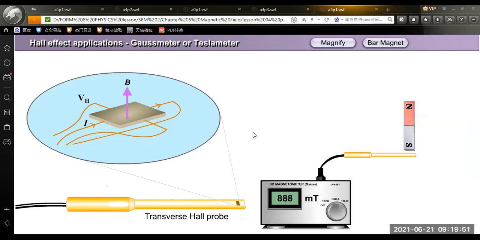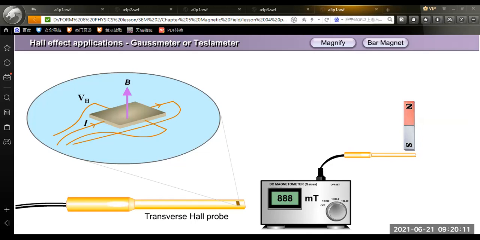If we put a bar magnet here, we notice that there will be some reading shown. So this is the structure of the Gauss meter.